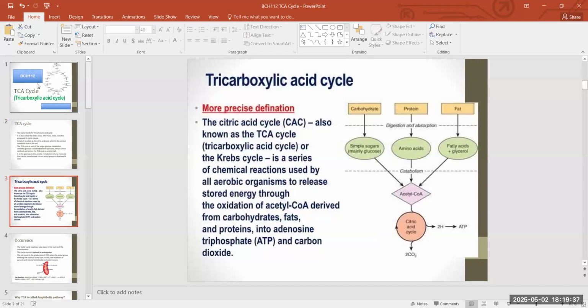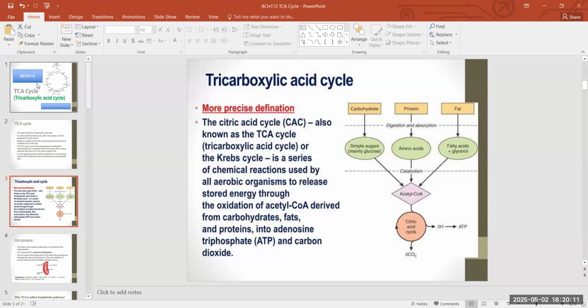The tricarboxylic acid cycle is a series of chemical reactions used by all aerobic organisms to release stored energy through the oxidation of acetyl-CoA derived from carbohydrates, fats and proteins into ATP and carbon dioxide. What this definition is telling us is that the TCA cycle can utilize carbohydrates, fats, and proteins.